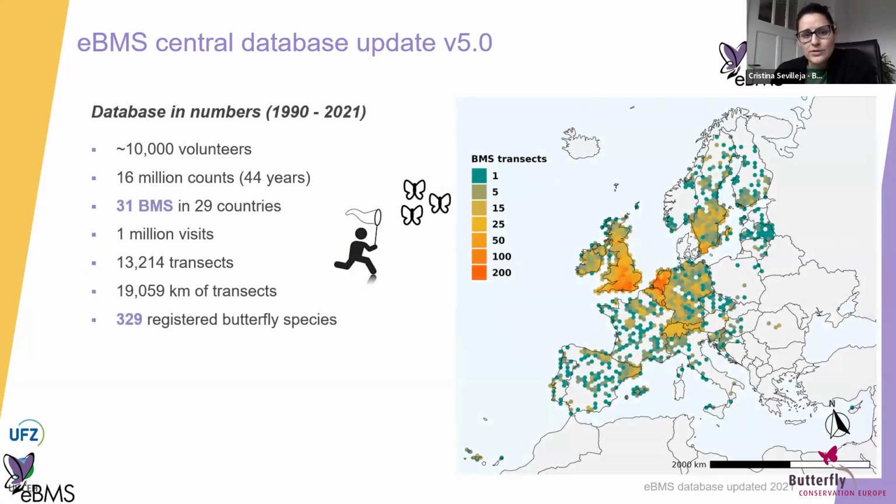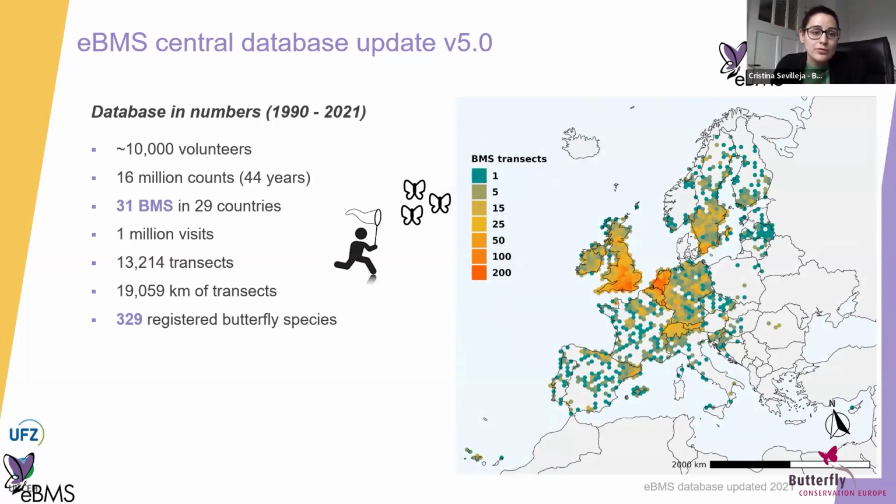Another of the deliverables for SPRING was the update of the eBMS central database. Basically, the other BMS that have their own platforms also share the data with Reto, as you know, and then we updated this database. So we managed to do it for data up to 2021.